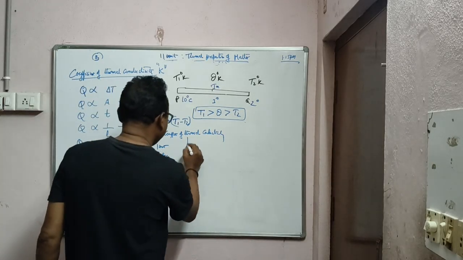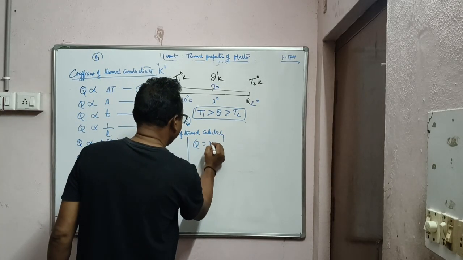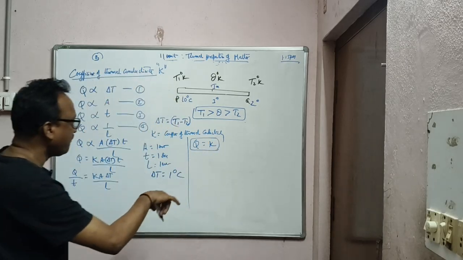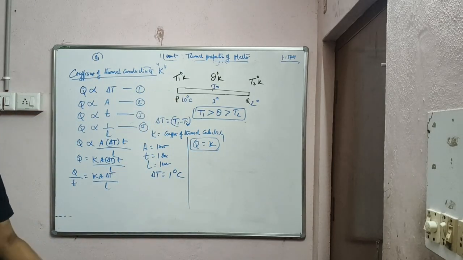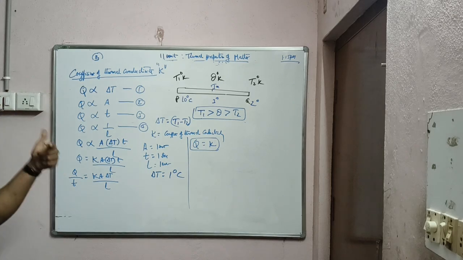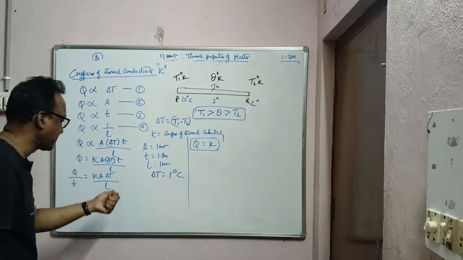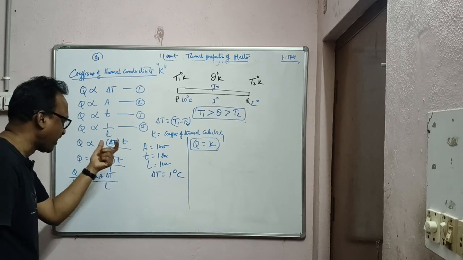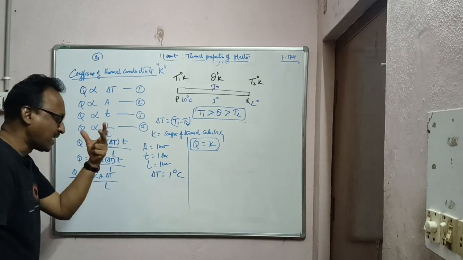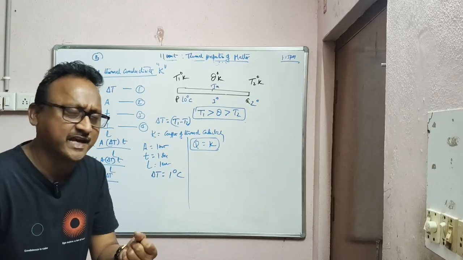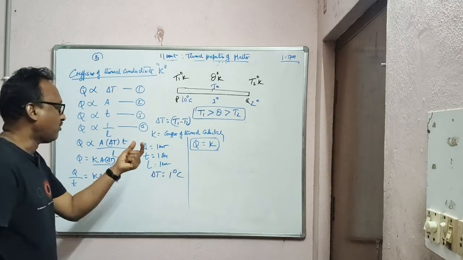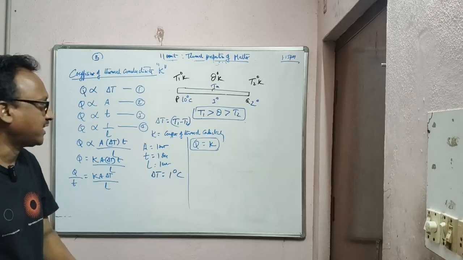Then Q is almost equal to K. So the coefficient of thermal conductivity of a material is the heat flowing in a conductor when the length and area of cross section are each 1 unit and the temperature difference is 1 degree centigrade over a time of 1 second. Let me say it again.